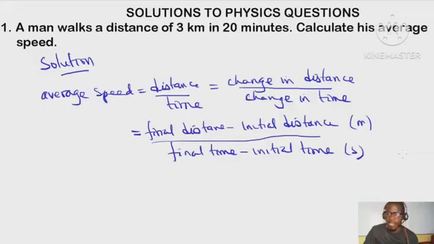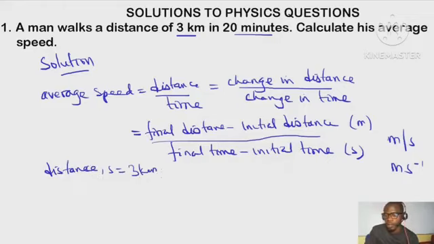So the SI unit of speed is meter per second, or written as m s^-1. So you can see that this is given as 3 kilometers and this is 20 minutes. That means the distance x is equal to 3 kilometers, while the time t is equal to 20 minutes.